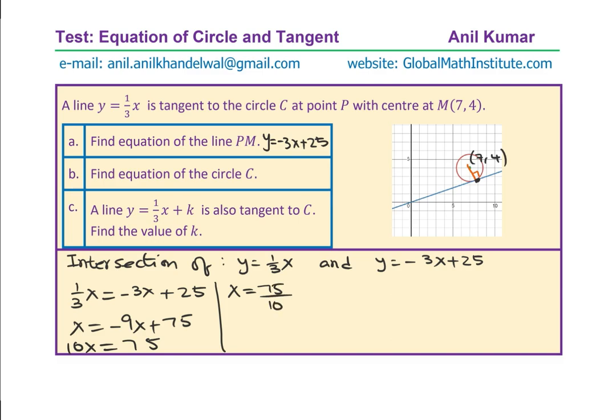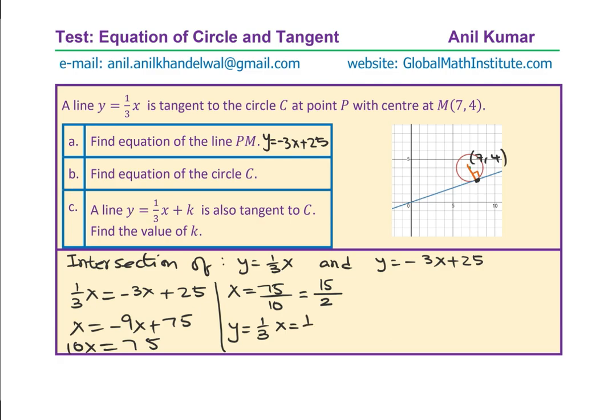You can work in decimals or in fractions as you wish, right? So let's simplify this, working in fractions for the time being. If I divide by 5, what do I get? 5 times 15 is 75, and 5 times 2 is 10. So we get the x value. What is going to be the y value? Well, the y value is 1/3 of x.